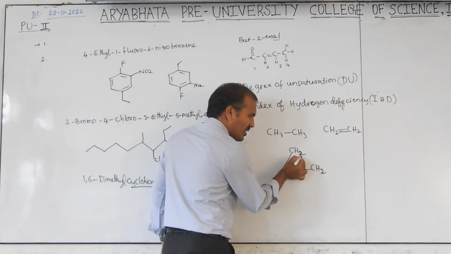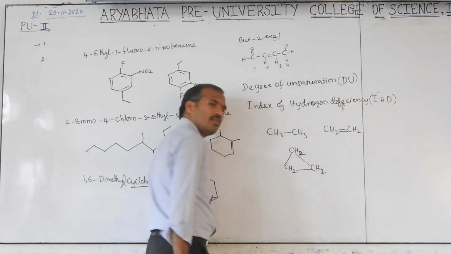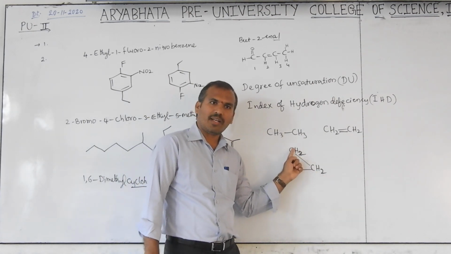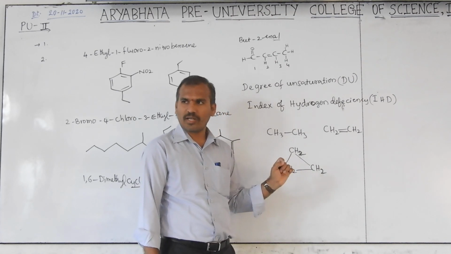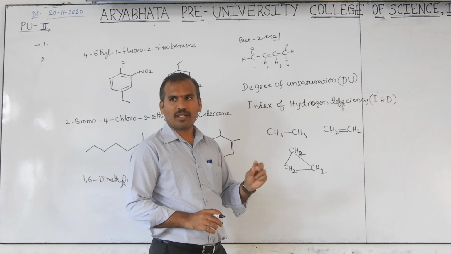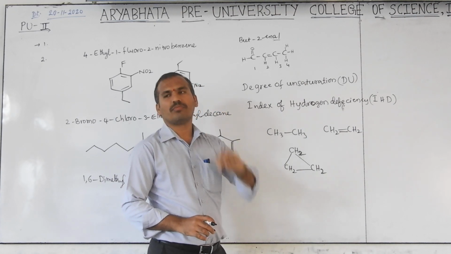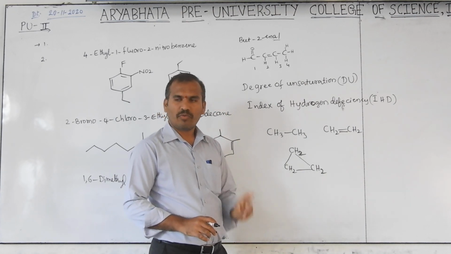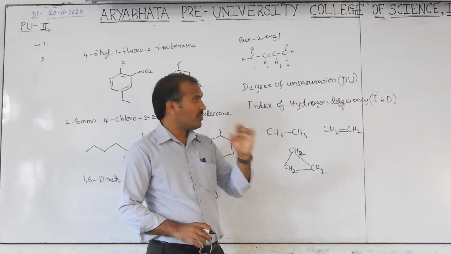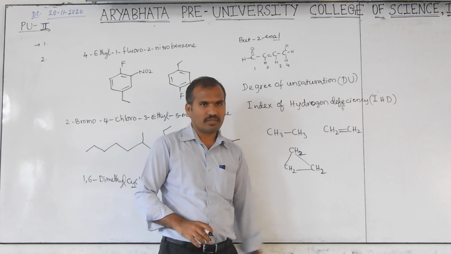Don't place a double bond here. Just make a bond. So when 2 hydrogens are removed, one ring is formed. Got the point? So if one pi bond or one ring is there, how many hydrogens are lost? 2. One pi bond or one ring removes 2 hydrogens. So that is what is called degree of unsaturation.